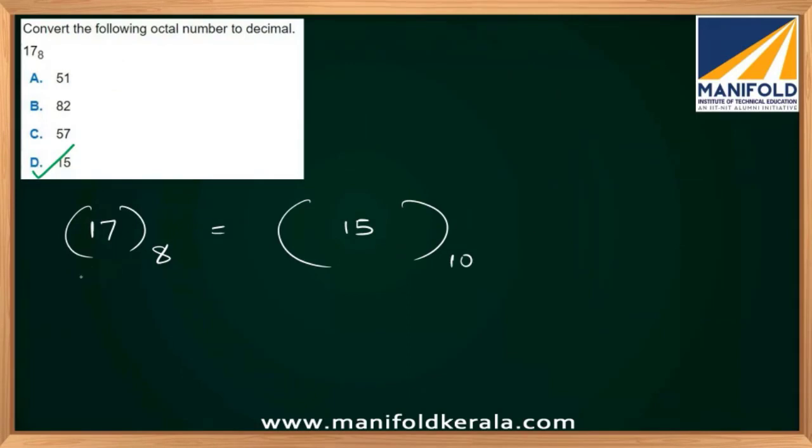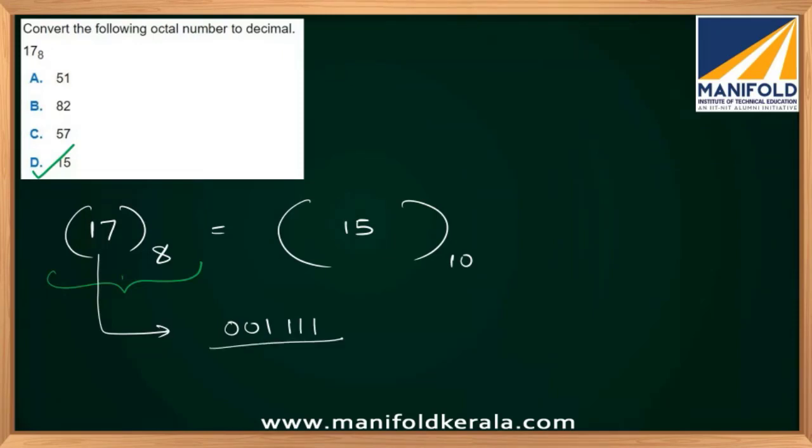Satyanarayana, you are asking, you want to convert this one into hexadecimal, right? What you have to do is bypass it through binary. Don't go to the decimal part. Convert this one into binary first. What will be the binary of 17 base 8? You can use the conversion procedure for octal to binary. 1 will be represented by 0 0 1. 7 will be represented by 1 1 1.